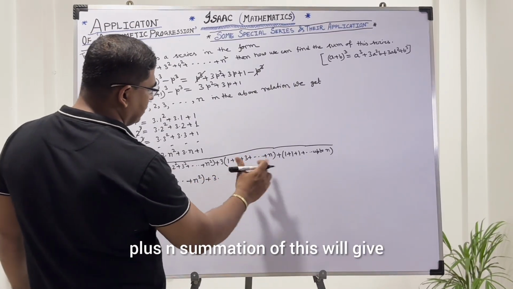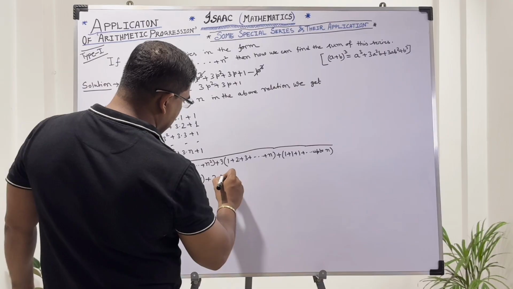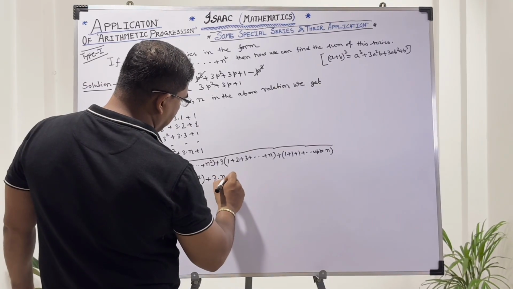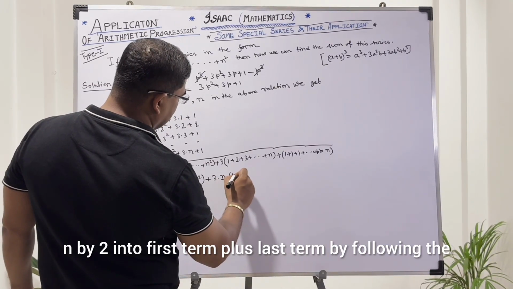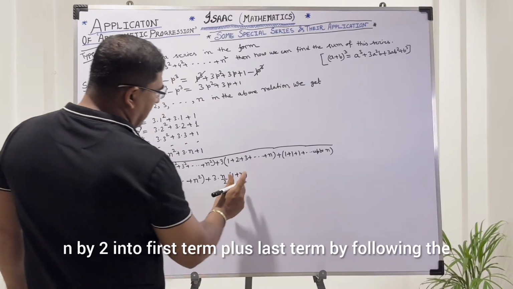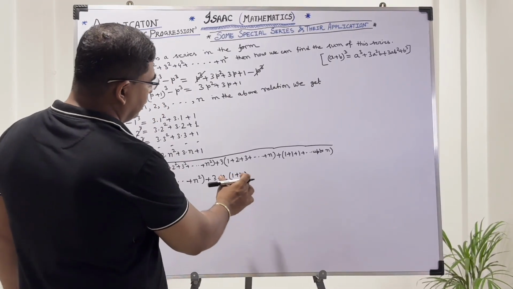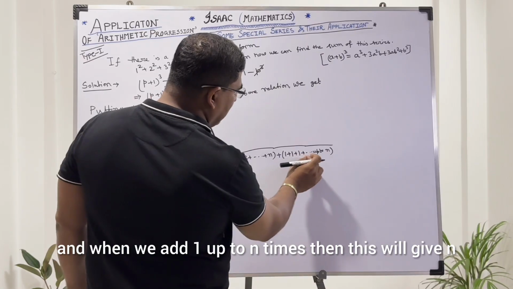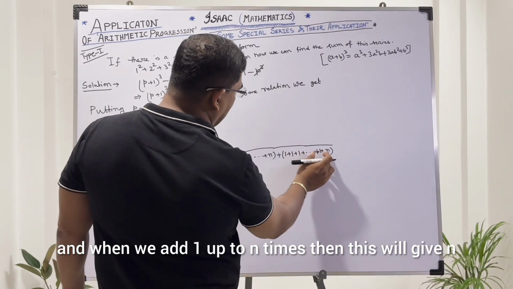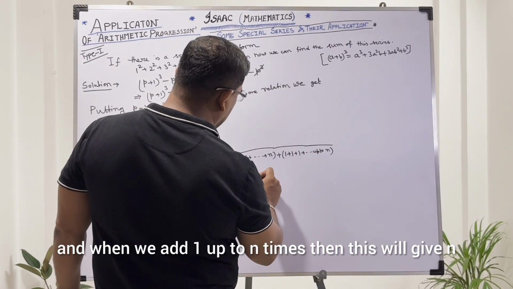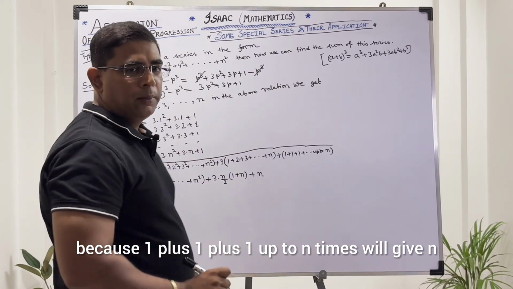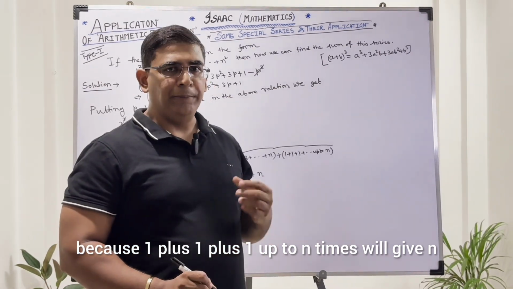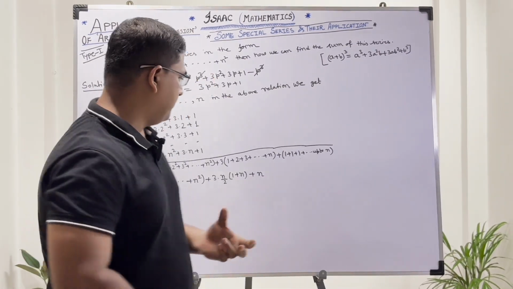Summation of this will give n by 2 into first term plus last term, by following the formula of summation of AP. And when we add 1 up to n times, this will give n.